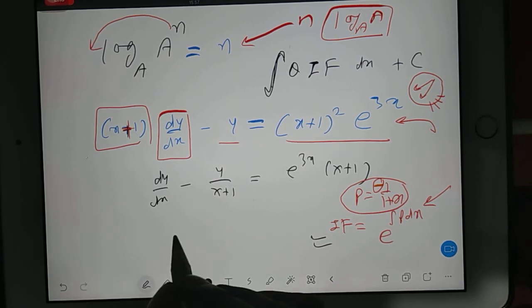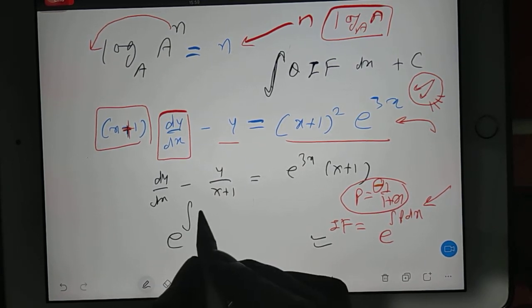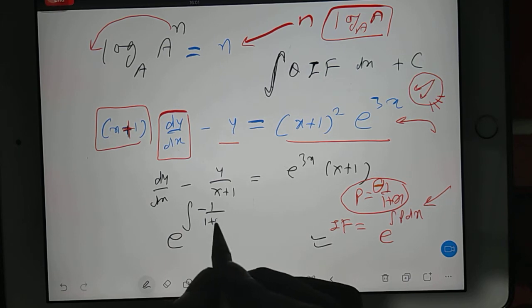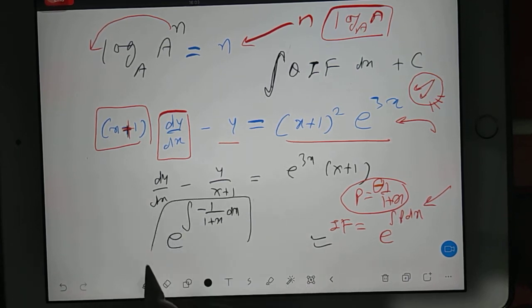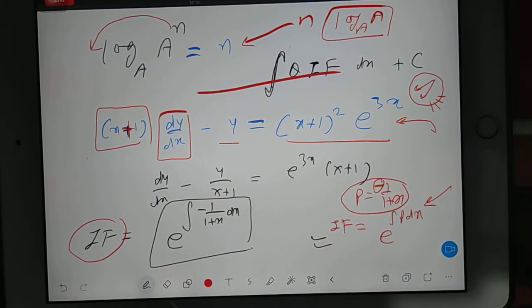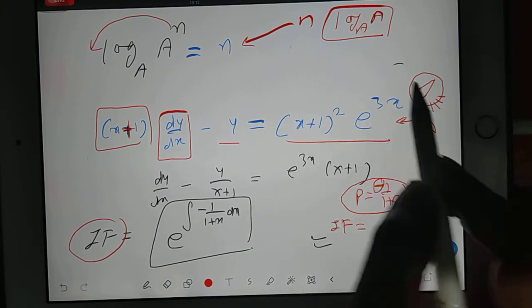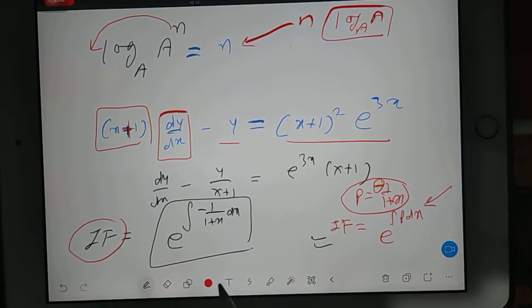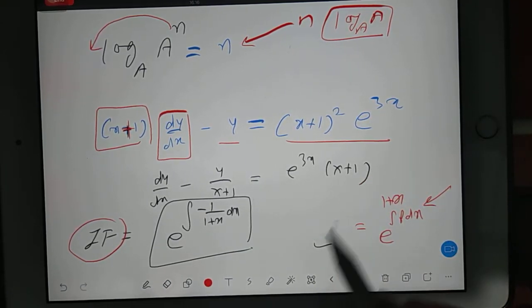So see here, e power integration of p, with p value minus 1 by 1 plus x, dx. This total thing is my integrating factor. This integrating factor I have to use in the final answer of the equation. Okay, so let's integrate this part. How can we integrate this?